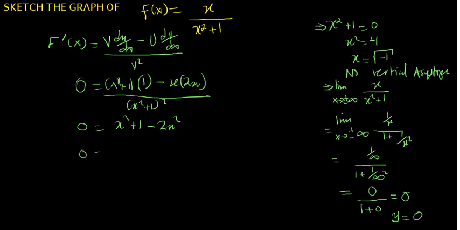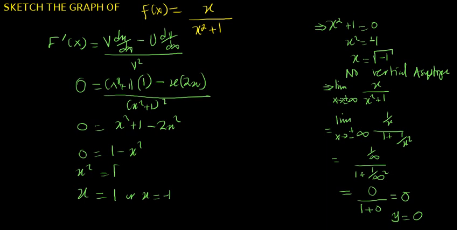So 0 is equal to 1 minus x squared. You can take x squared to this side. That is going to give us x squared being equal to 1. What will be the value for x? If we square root, x is equal to 1 or x is equal to negative 1.